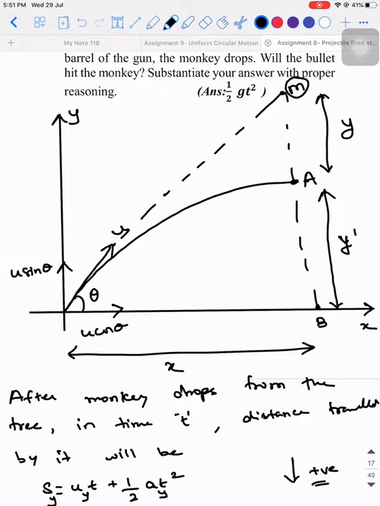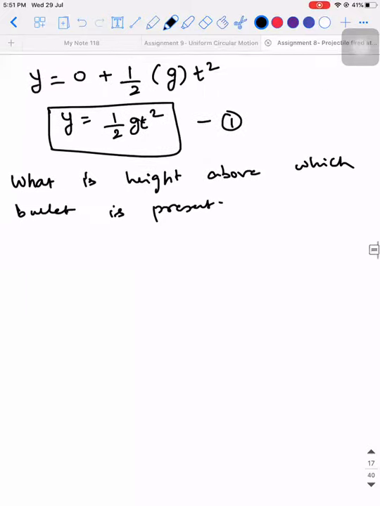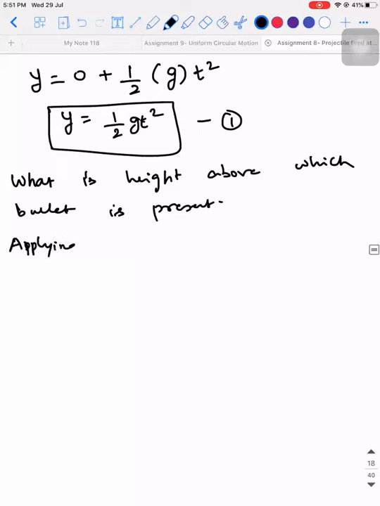Can you guys tell me how to find that y dash? Applying s is equal to ut plus half at square along the y direction. So what is sy? y dash.